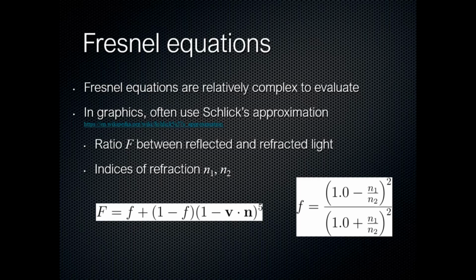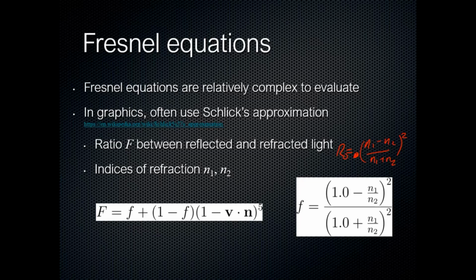Now, there's a variation in that term, which we see, which is this. If you go to Wikipedia, you will see this one: F0 equals n1 minus n2 divided by n1 plus n2, squared.